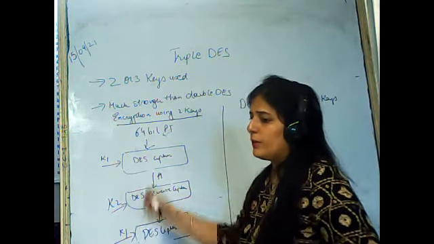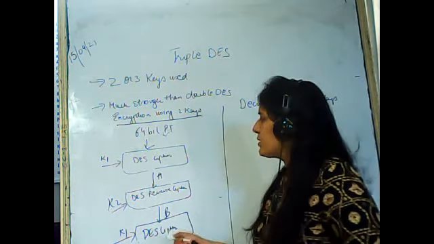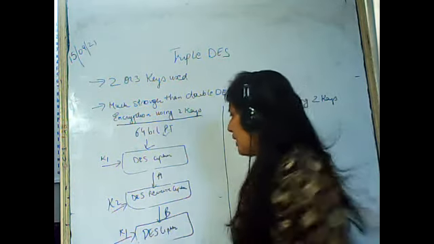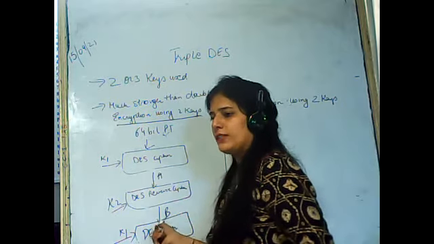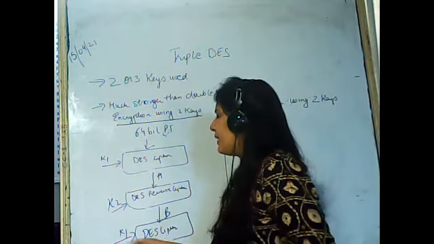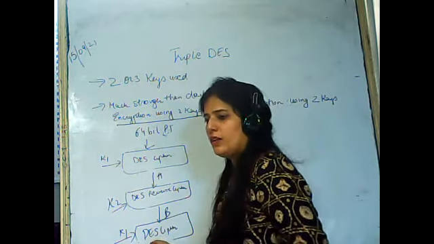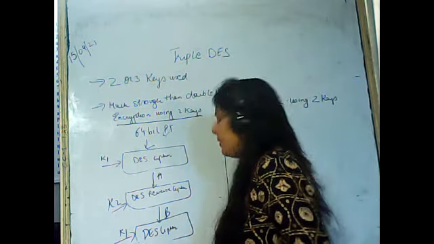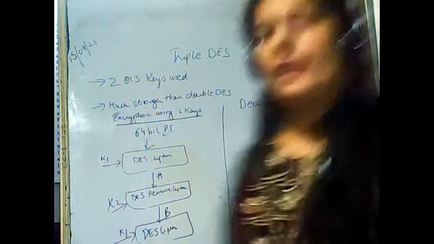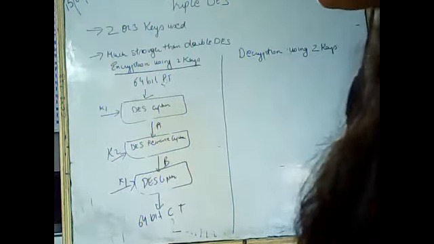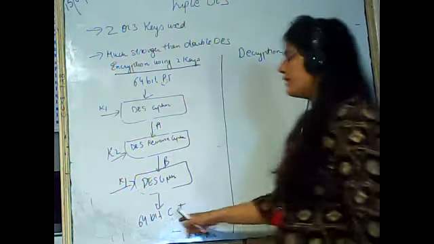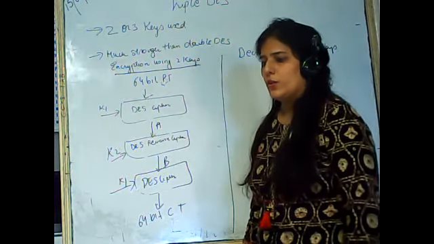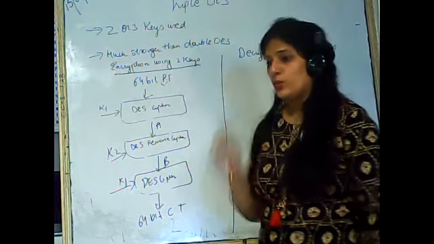I will not be using the key 1 over here. I will be using key 2, so I will get some different answer, that is B. Now on this B, again I will apply the DES cipher with the help of key 1. And finally, I will be getting that 64-bit cipher text. Okay, so this is encryption using 2 keys.